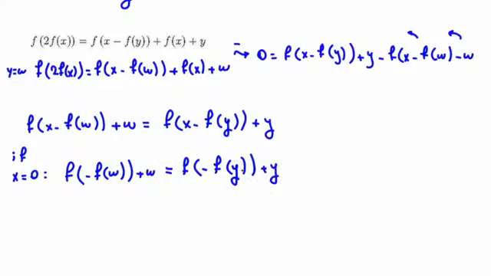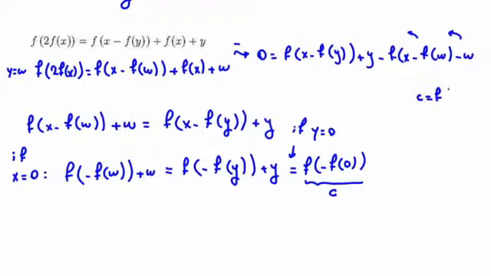Now here, we can say, okay, for all w and y it is correct, so for y equal to 0, we have f of negative f of 0 plus 0, which you can cancel. We can call this one c. So our c is a constant equal to f of negative f of 0. So for all w, we conclude that f of negative f of w equals c minus w.